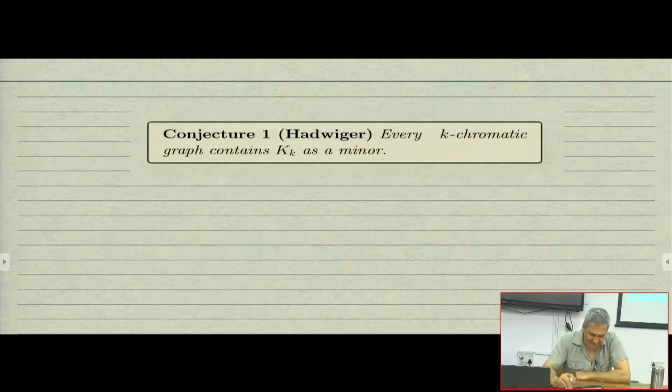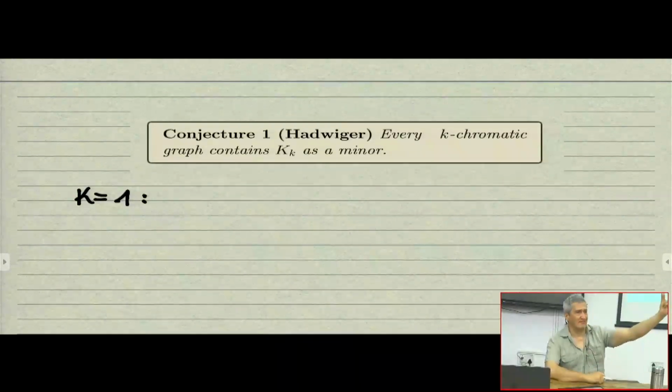Okay. For K1, let's go one by one, step by step. Every graph of chromatic number 1 contains K1 as a minor. Every graph contains a vertex.